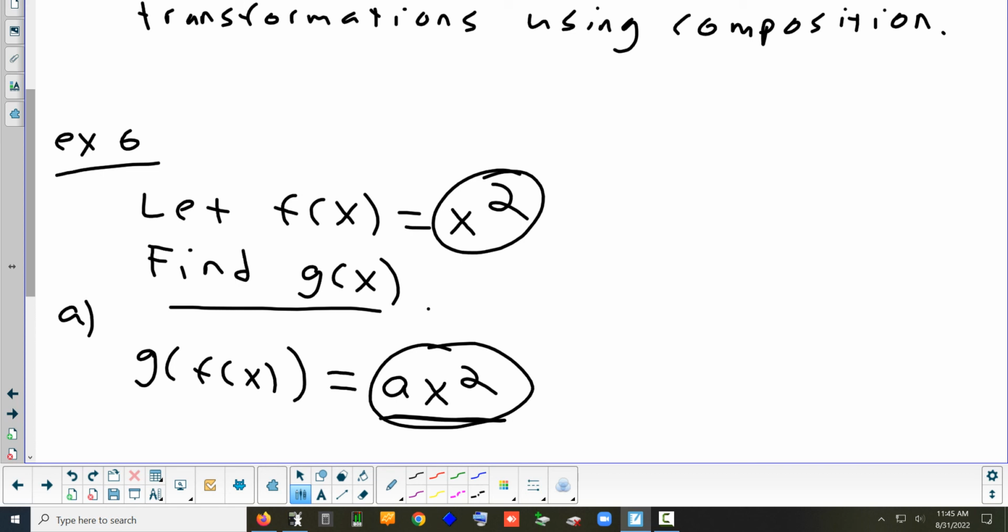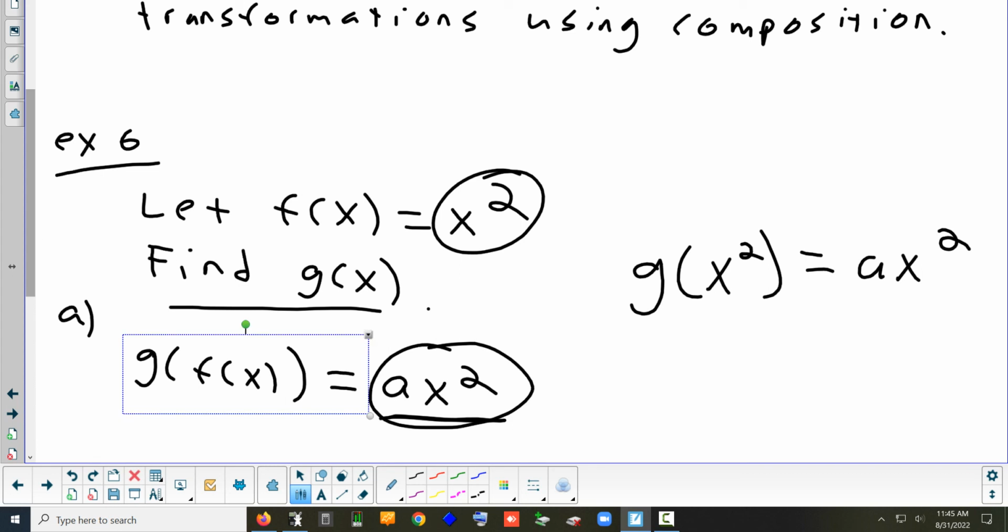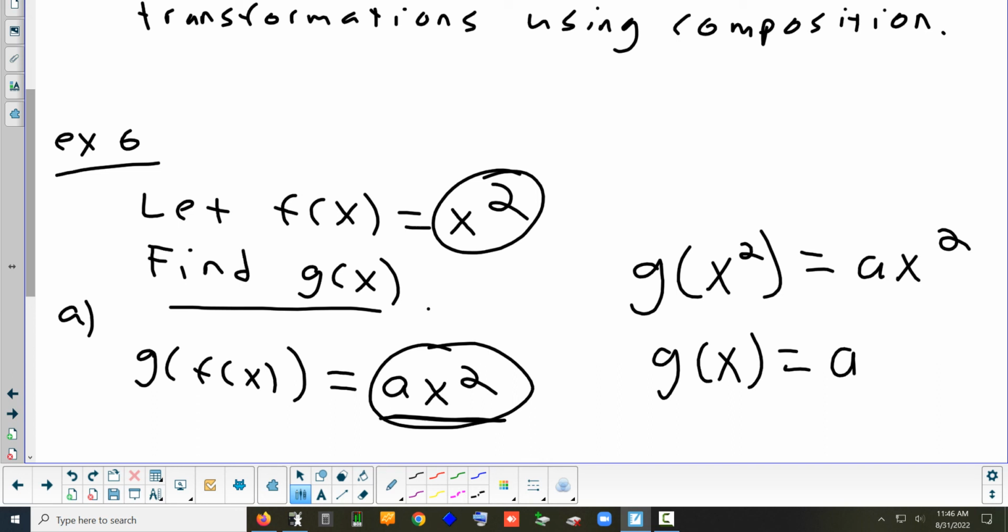And again, if you're having trouble, think of it like this. You're plugging x squared into something. What could you plug x squared into so that you get ax squared? Yeah? Would g of x be a times x? G of x would equal a times x.